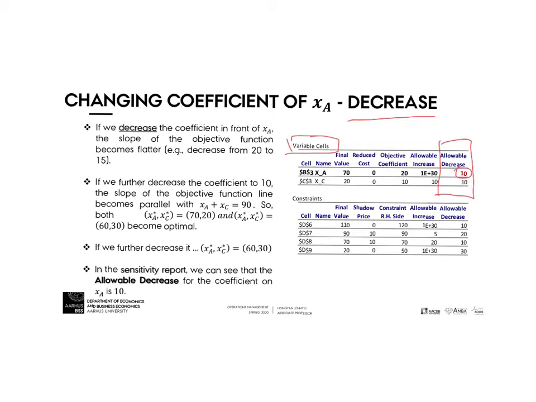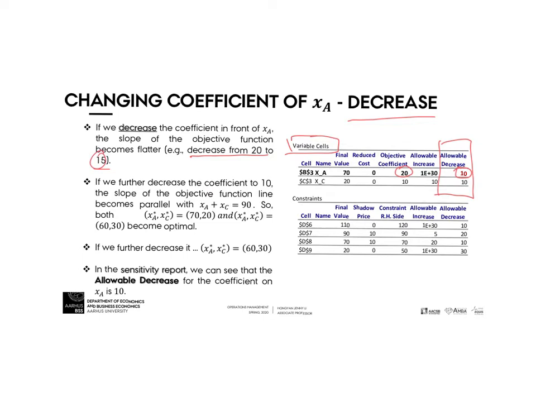Here the value of 10 means if you decrease the coefficient of xa by up to 10 units, your optimal solution will not be changed. So we can take an example. If you decrease the coefficient of xa from 20 to 15, the optimal solution will not be changed.